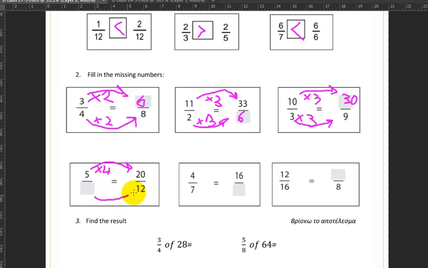So what times 4 makes 12? The answer is 3 times 4 makes 12. Next we say, what times 4 makes 16? So 7 times 4 will give us 28.